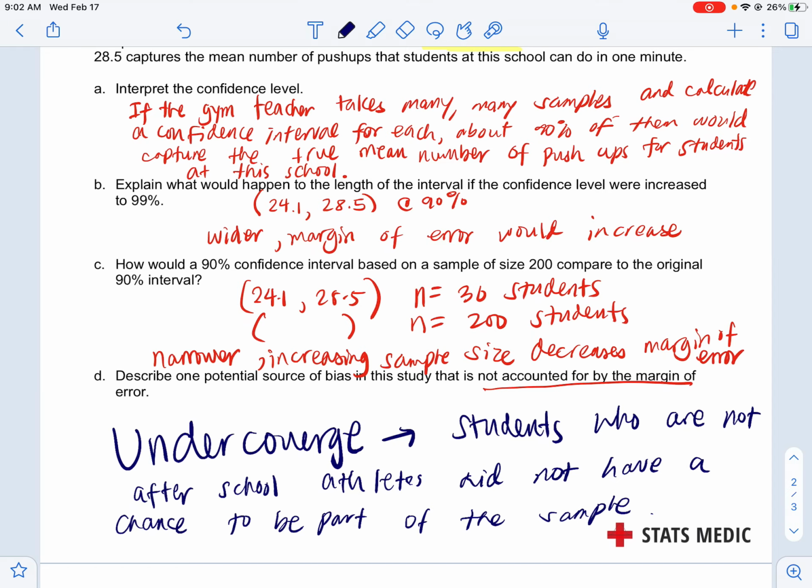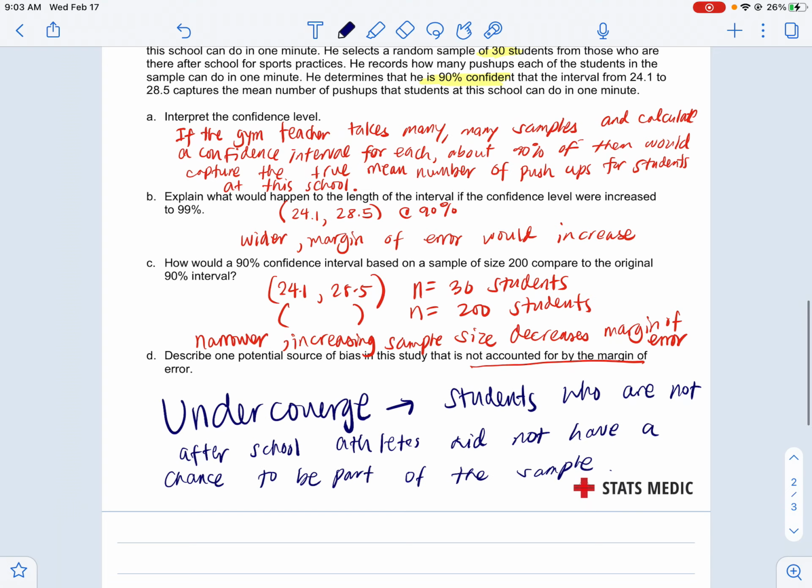That's why we are doing the under coverage, because some students in that school didn't have the chance to be part of the sample. Okay, so this is an example of a potential source of bias that our margin of error will not account for.